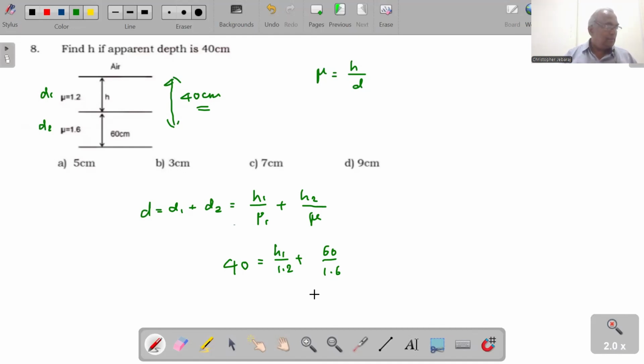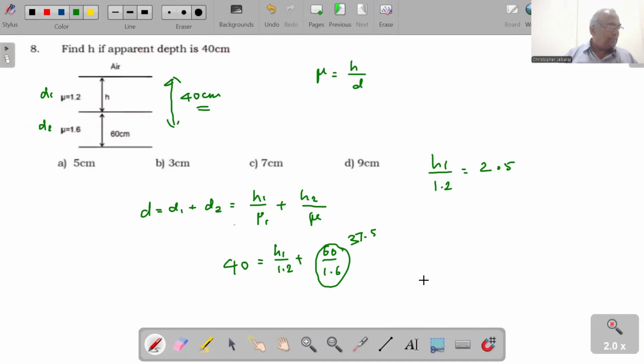Bringing it to the other side, H1 by 1.2 equals 40 minus 37.5, which is 2.5.